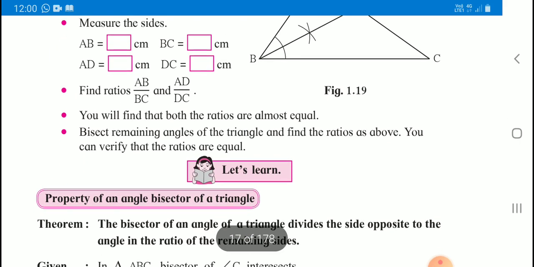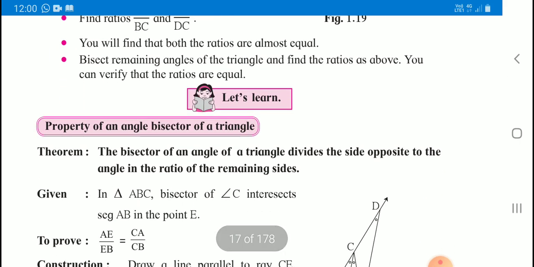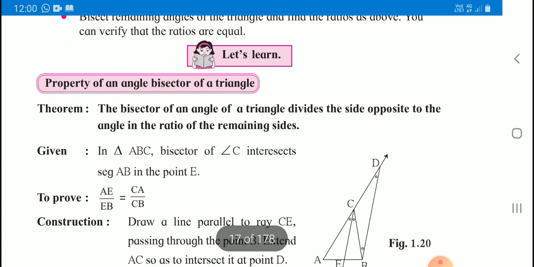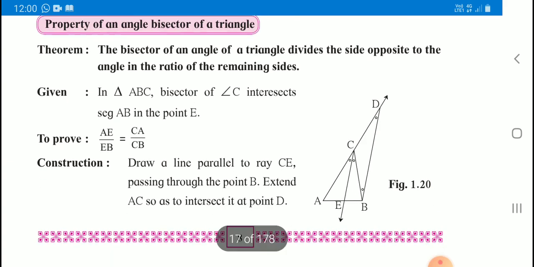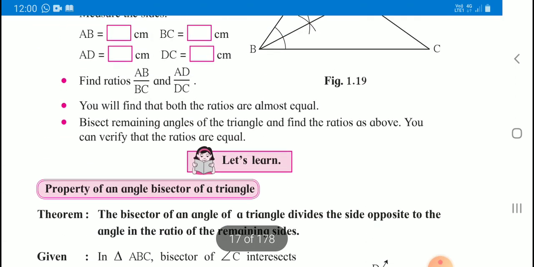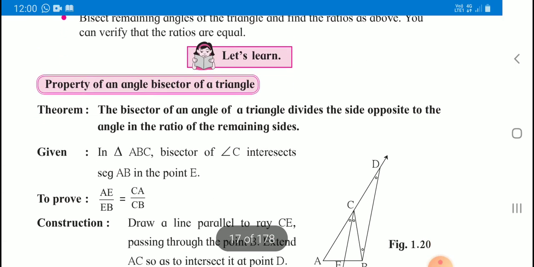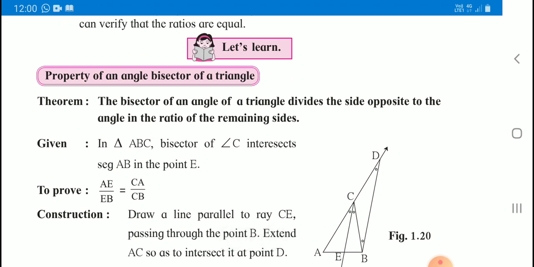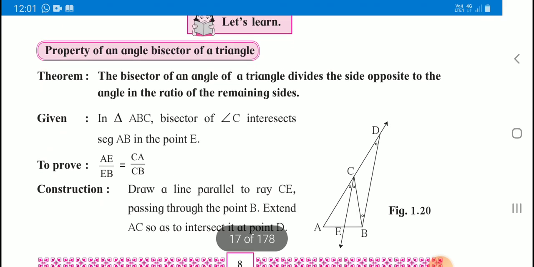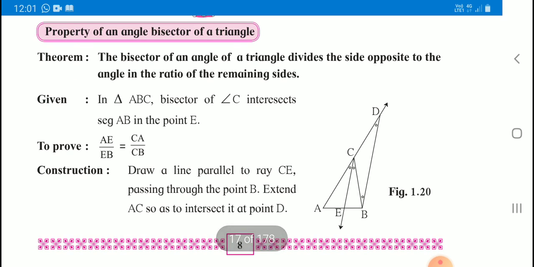Now next to that, we will learn the property of an angle bisector of a triangle. Here they have given the statement of the theorem. The bisector of an angle of a triangle divides the side opposite to the angle in the ratio of the remaining sides. So here from the figure we will write the given things.